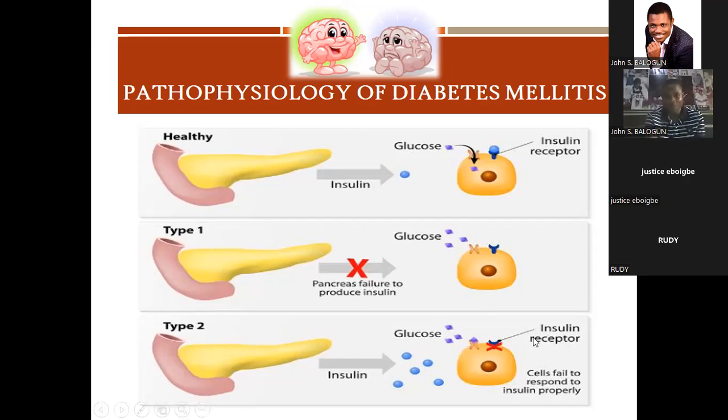Look at the lock here. So you can see glucose has come to bind to the door, but the door cannot open because there is a problem with the receptor. So the problem in type 2 diabetes is at the receptor level, the cell receptor.